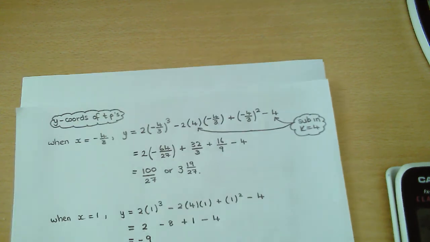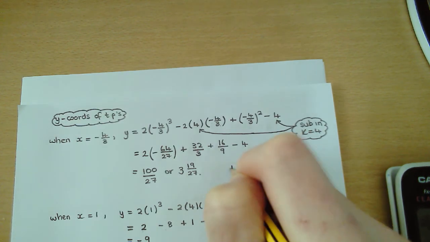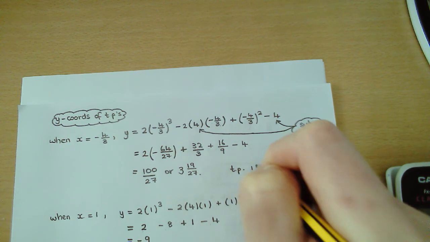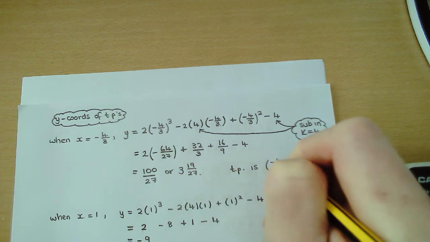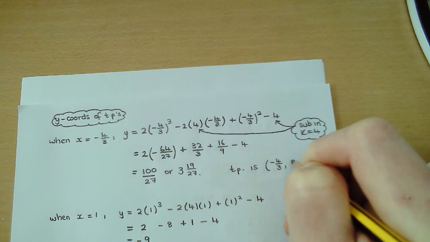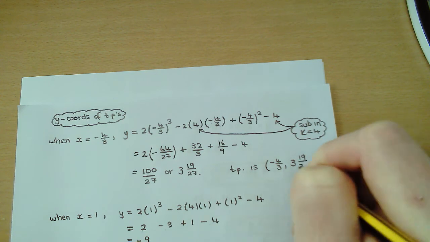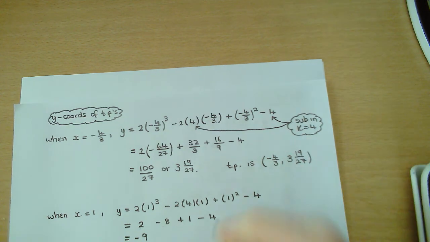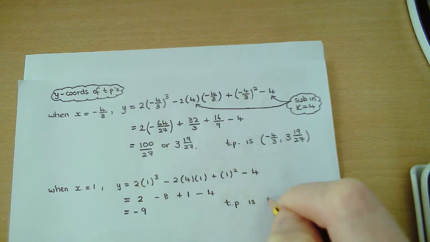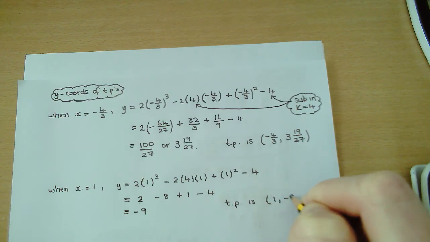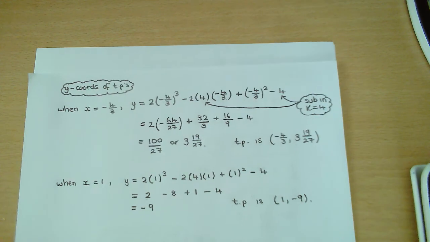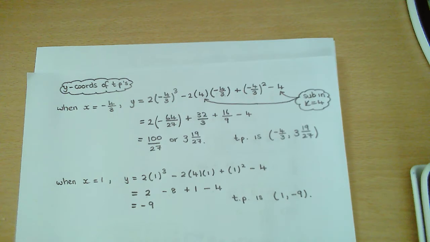Okay, so our two turning points are, first one, minus 4/3, 3 and 19 over 27. And then the second one, x is 1, y is negative 9. So still a bit of work to do, but nearly there.